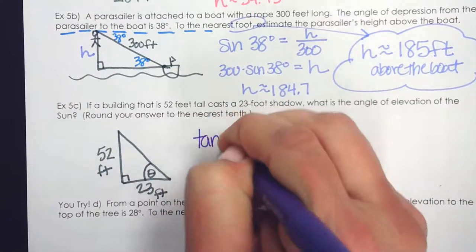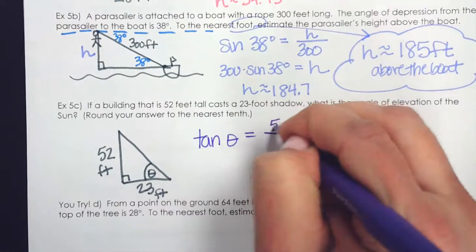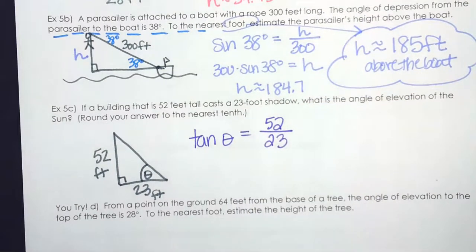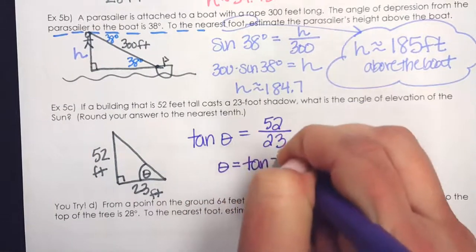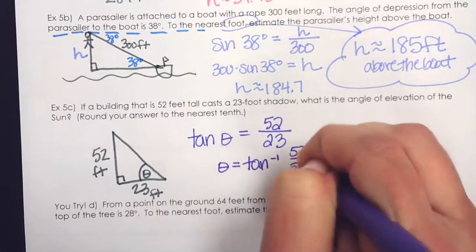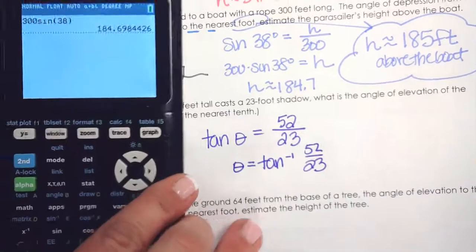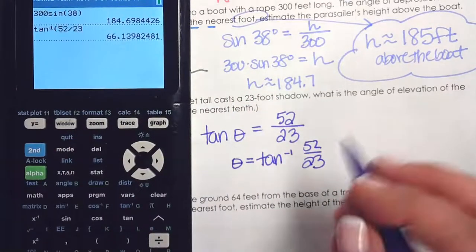Now remember though, tangent is opposite, which is 52, over the adjacent, which is 23. We're trying to get theta by itself, which means we have to use the inverse. And then we can just punch that in, the inverse tangent of 52 over 23.